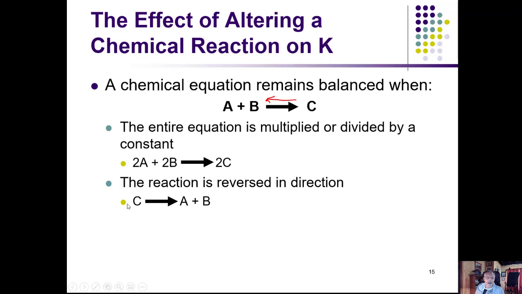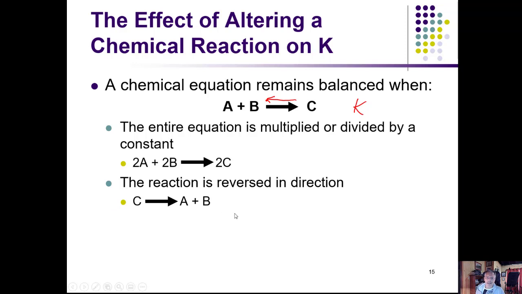All right. What happens if the reaction is reversed? Let's say instead of the forward direction, A plus B goes to C, we reverse the reaction. We've got some kind of an equilibrium constant for this reaction, and now we're manipulating that reaction by, in this case, multiplying all the coefficients by 2, and in this case, reversing the reaction.